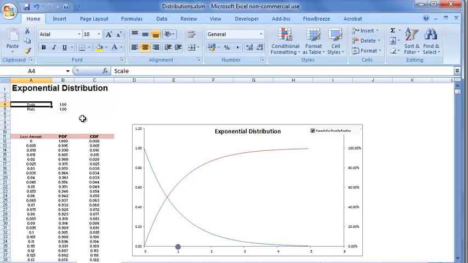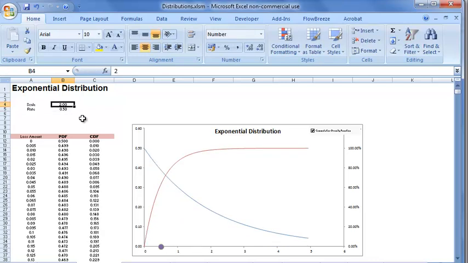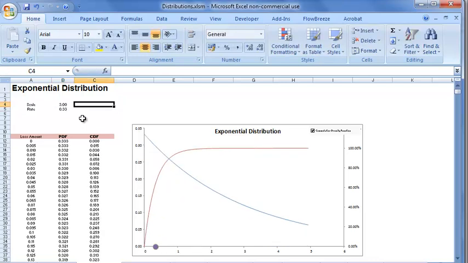So if we know scale, we know rate, and rate will be equal to 1 divided by scale. So if we change the scale parameter, we can see that only the dispersion of the distribution changes, but the shape and the location do not change.